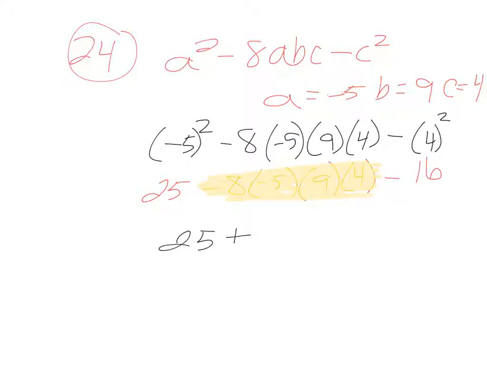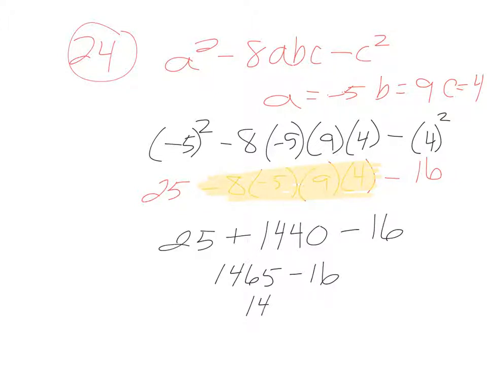Then I'm going to multiply that out, 8 times 5 times 9 times 4, which is 1,440, minus 16. And now I'm going to do my addition and subtraction from left to right. So 25 plus 1440 is 1465 minus 16 for a final answer of 1449.